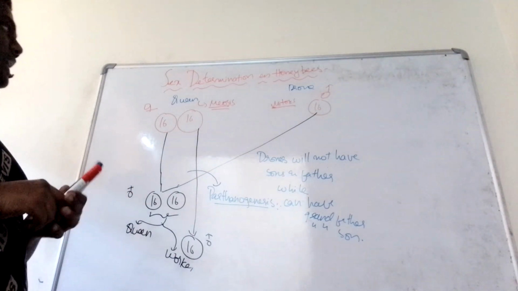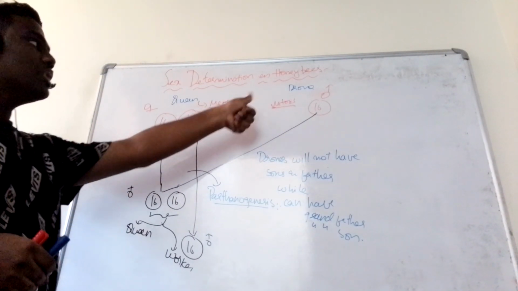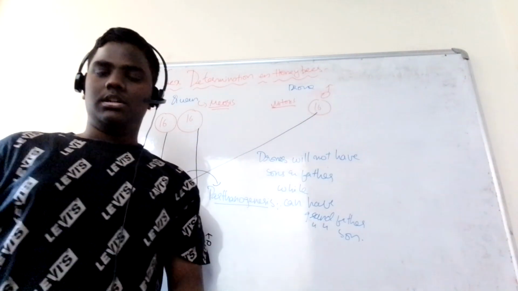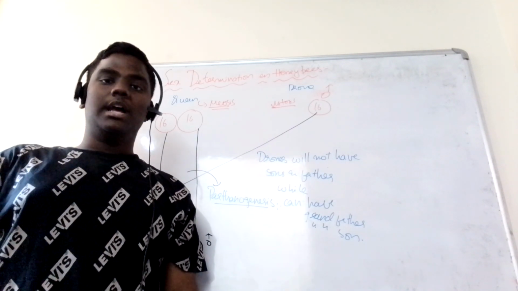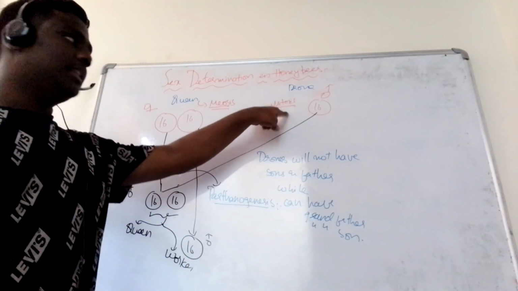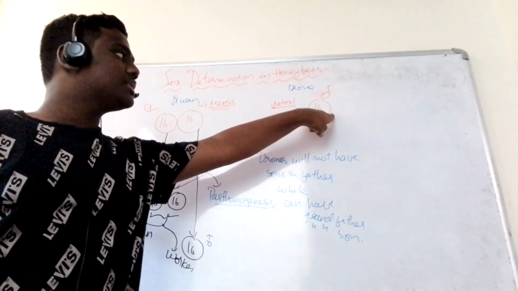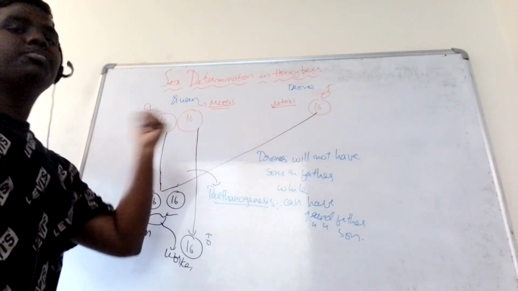This is also very important: queen undergoes meiosis, drone undergoes mitosis. In cell cycle and divisions, mitosis is helpful in gamete production in male honeybees. Drones undergo mitosis to produce their gametes, while females undergo meiosis.